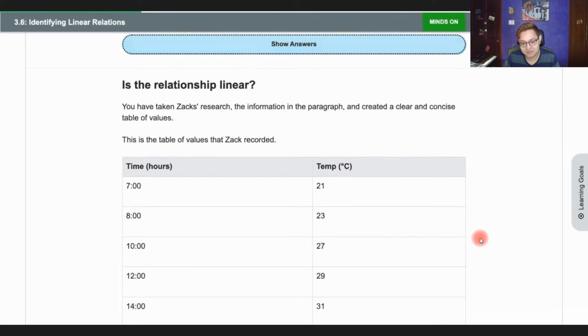Is the relationship linear? Taking the exact information in the graph, create a clear, concise table of values. This is the table of values that Zach recorded.